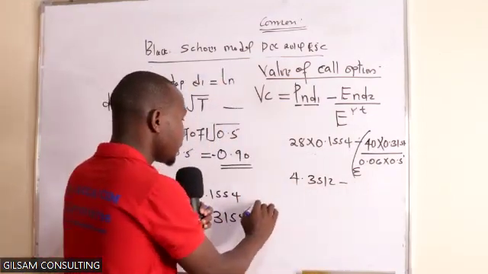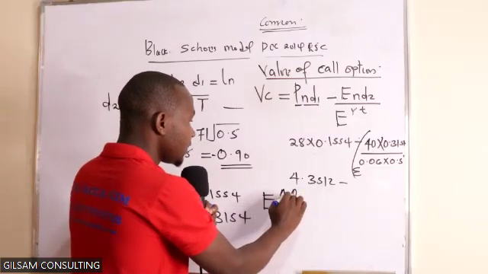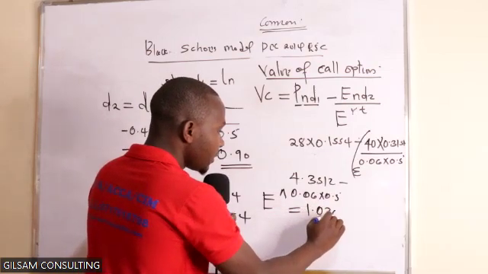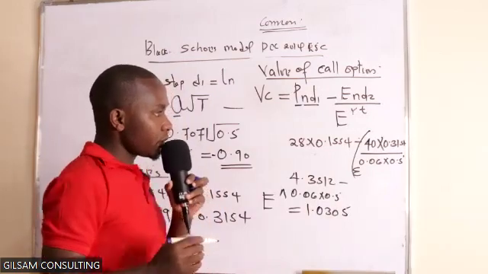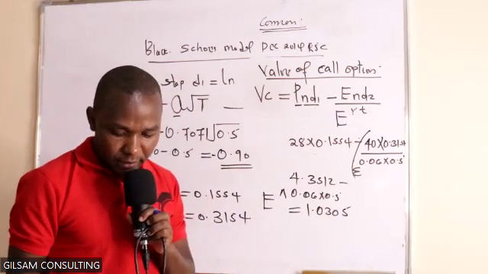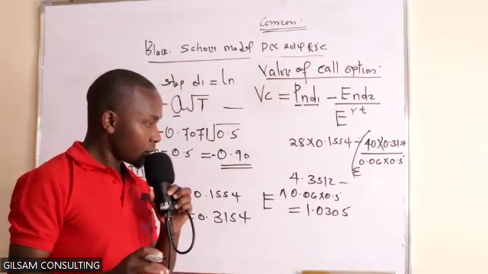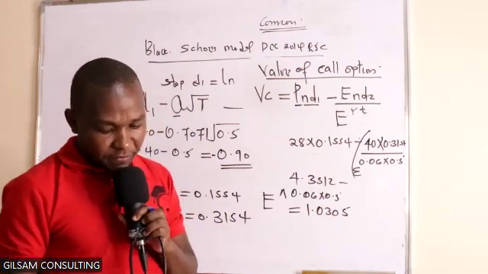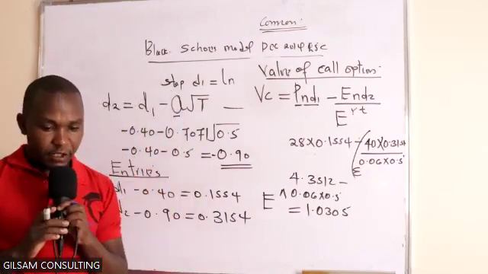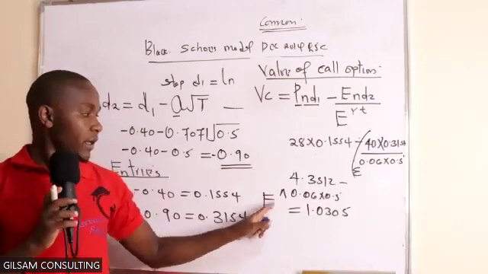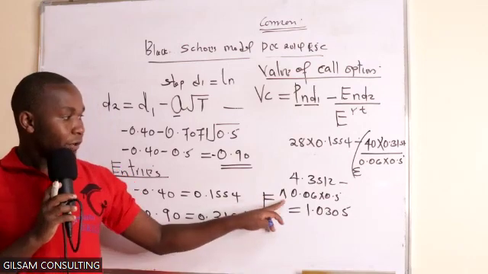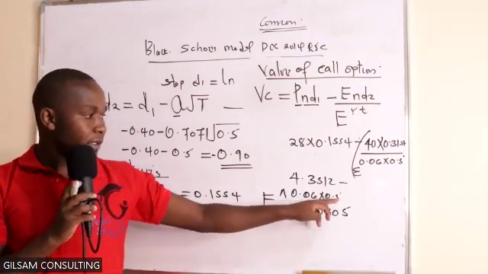So if you get Euler, which is e raised to 0.06 times 0.5, this one gives you 1.0345. Mwalimu, it gives me 0.5. Did you press shift and get e raised to? Yes. Then type 0.06 times 0.05.